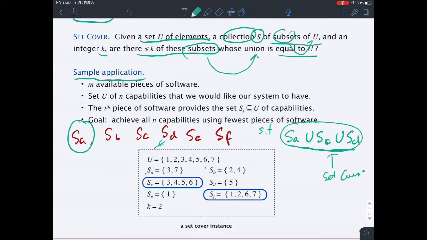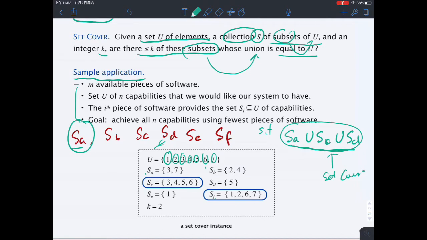Assume that we want to install software on your computer, and assume that you buy a computer because you want to be able to do 7 things: 1, 2, 3, 4, 5, 6, 7, right? These are all 7 different things you want to be able to do by using your computer.